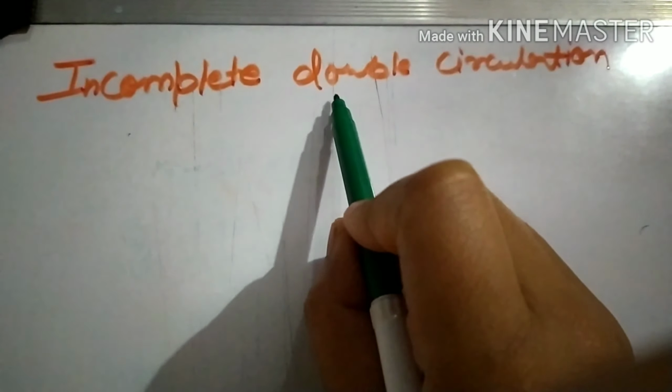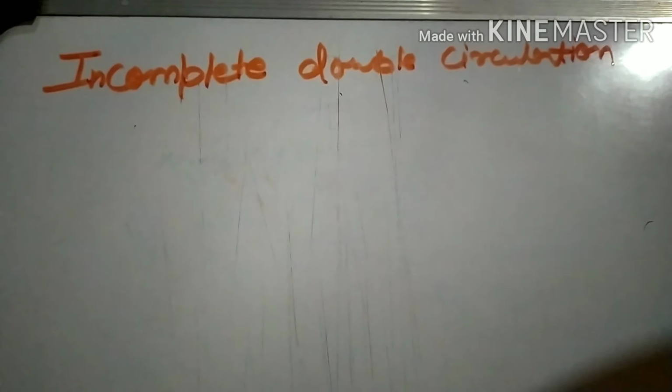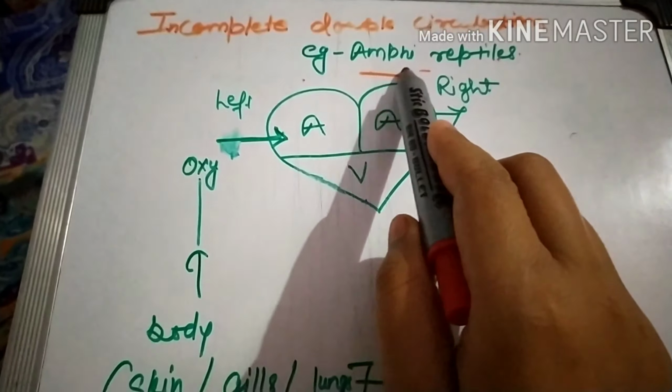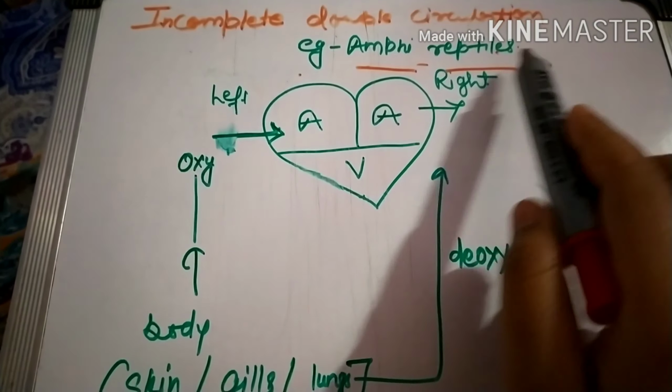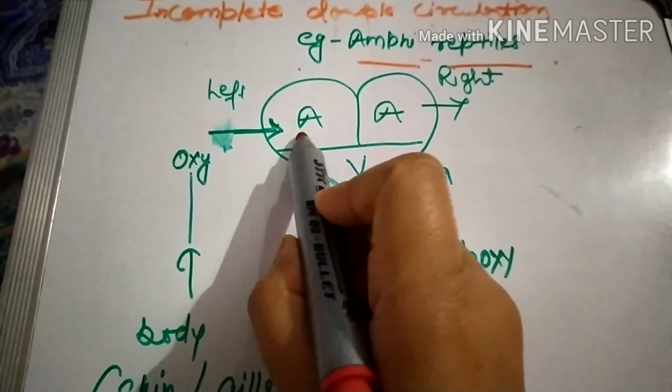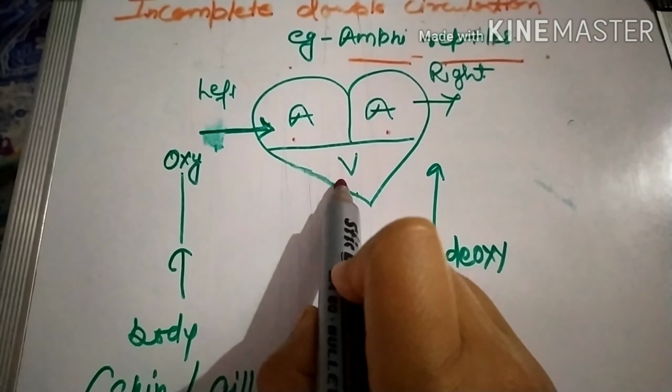Now let's know about incomplete double circulation. Amphibians and reptiles have incomplete double circulation. It is a three chambered heart, with two auricles and one ventricle.